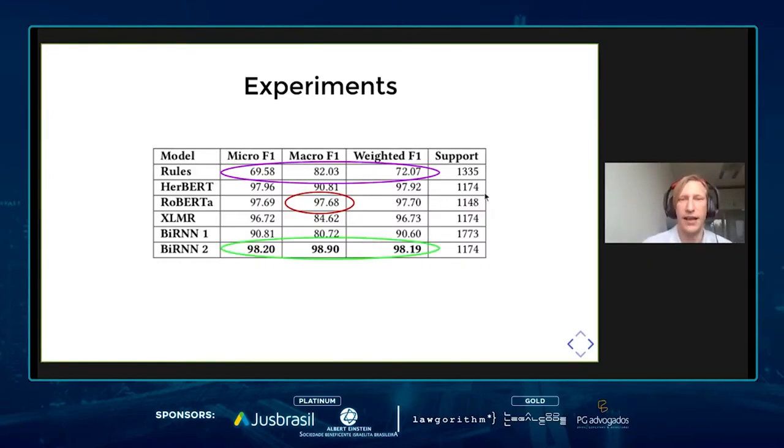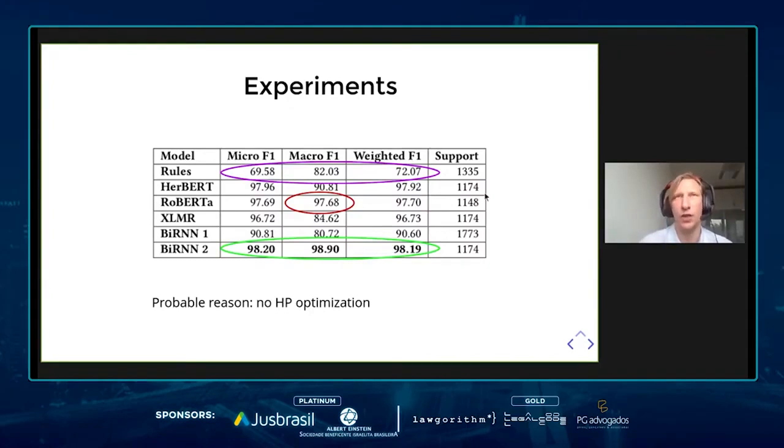And the last observation is the fact that the BiRNN model gave the best results, which are almost perfect in this setting. The probable reason is that there was no hyperparameter optimization for the BERT models. And we know that the hyperparameters are usually crucial for obtaining very good results.